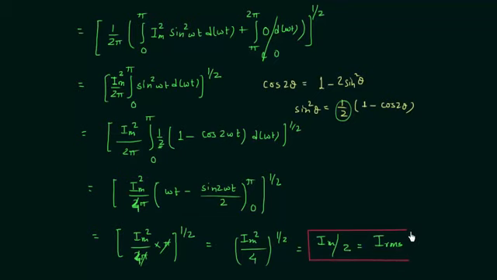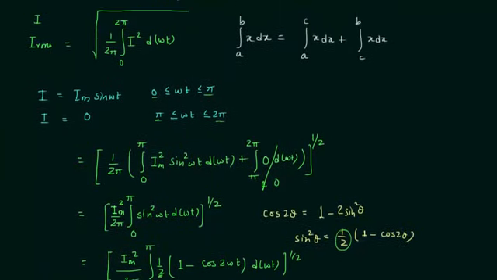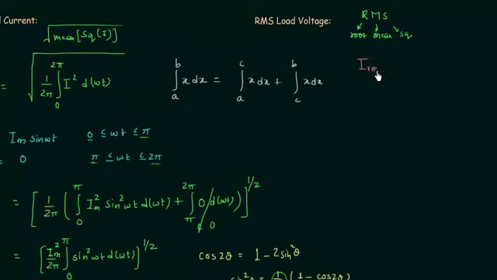After this, I will find out the expression for RMS value of load voltage. You can easily calculate the RMS value of load voltage like this by performing the integration and all, but I will not perform the integration because we have already calculated the RMS value of load current, and it is equal to Im by 2, and we know that Vrms is equal to IRMS multiplied by the load resistance R, and IRMS is equal to Vm divided by twice of R, multiplied by R. This R and this R will cancel out, and we have Vm by 2 as the value of Vrms.